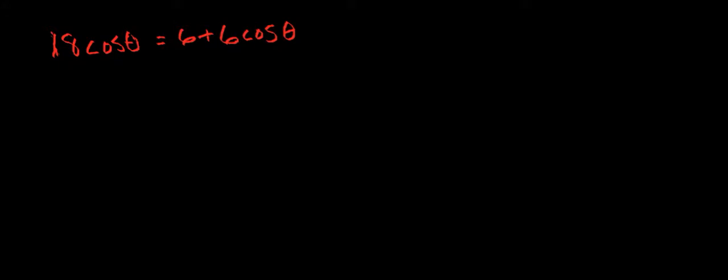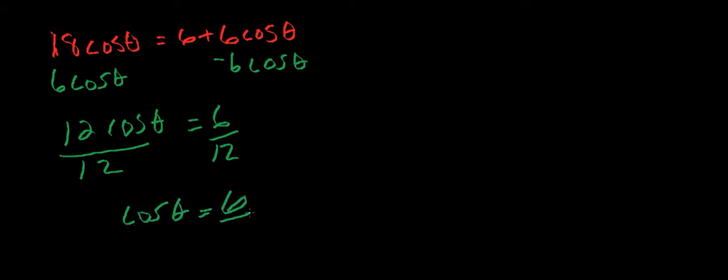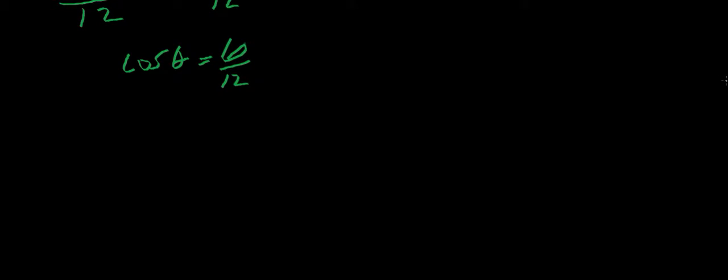Now we subtract 6 cosine theta from both sides, and we get 12 cosine theta is equal to 6. Now we divide both sides by 12, and we have cosine theta equals 6/12, which simply reduces down to cosine theta equals 1/2.